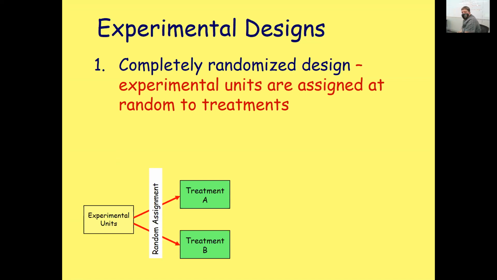After they go through that assignment process, they get A or they get B, or however many treatments we have, C, D, E, etc. So I got my little rabbits. They got picked. Some are getting old food, some are getting hippity hop. Or I had my 2 fertilizers, so some of the soil's getting A, some of the soil's getting B. It was randomly assigned. I did not give preferential treatment at all.